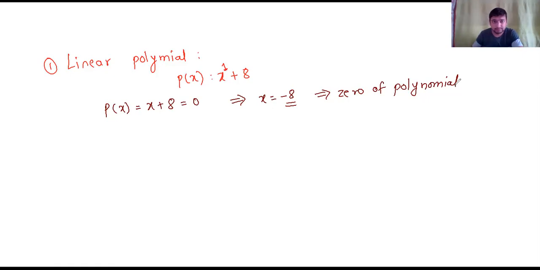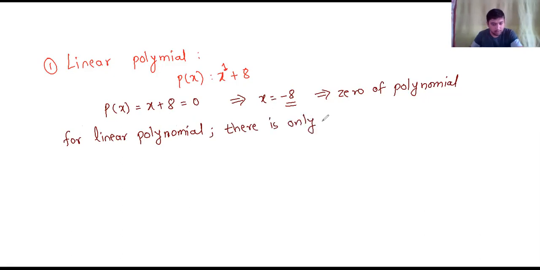Therefore, we can say for a linear polynomial there is only one zero of polynomial.